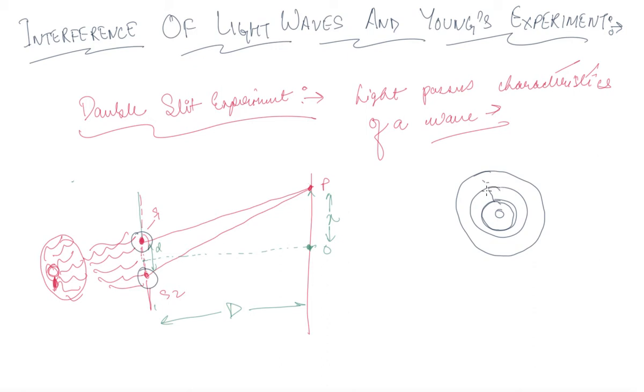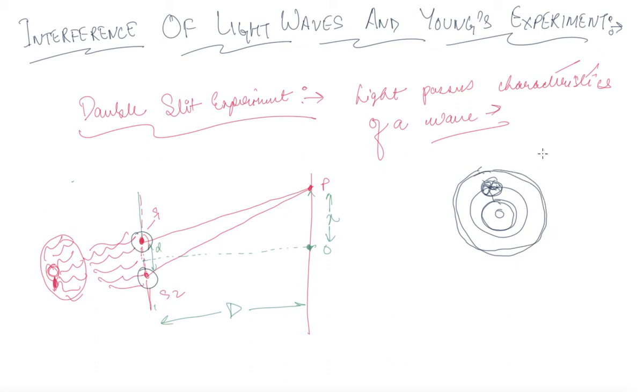So the point where it has interfered constructively is a point of high intensity, that is a bright fringe.